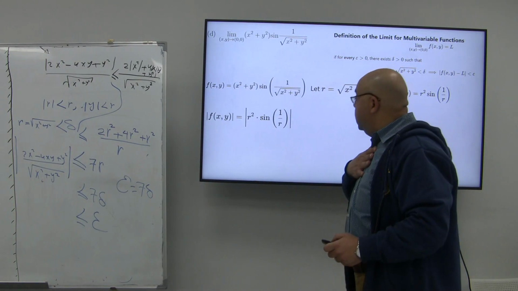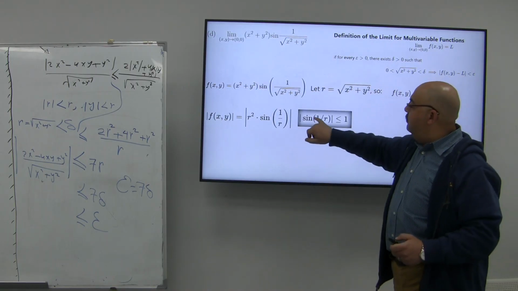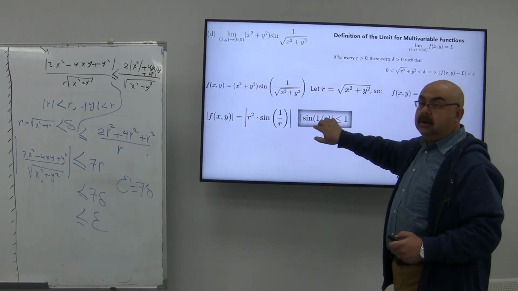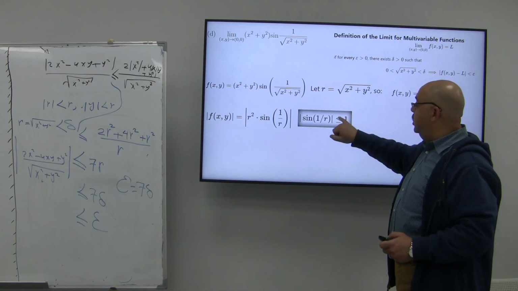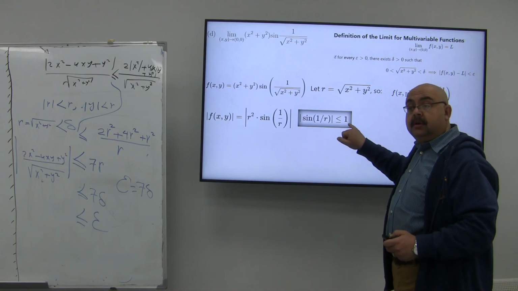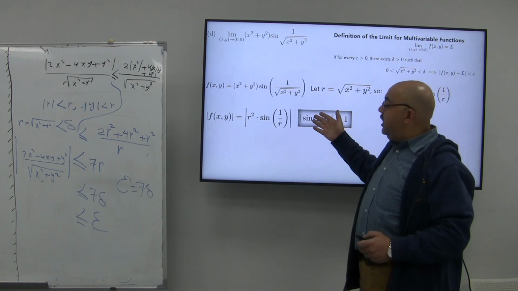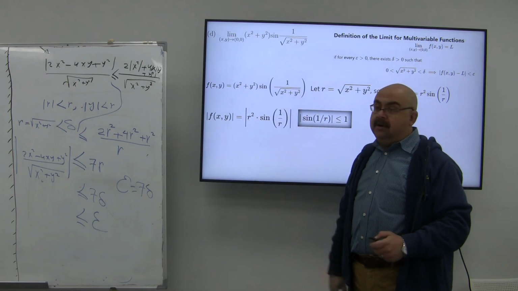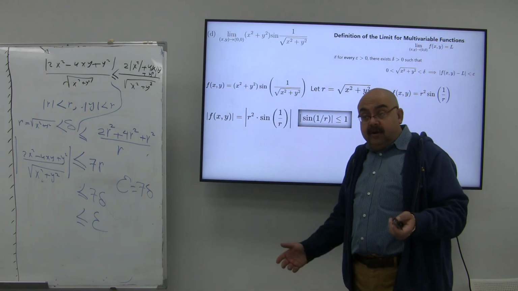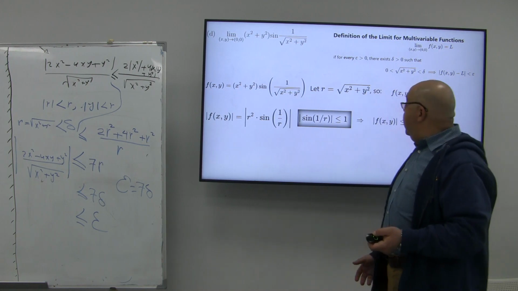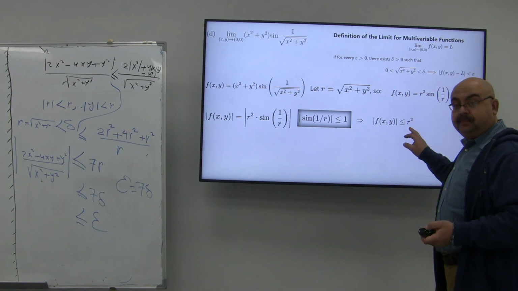So what we mean is that the absolute value of sine(1/r) will be for sure less than or equal to what? To 1. So once you have this fraction and multiply it by r², you will end up having something less than or equal to r².